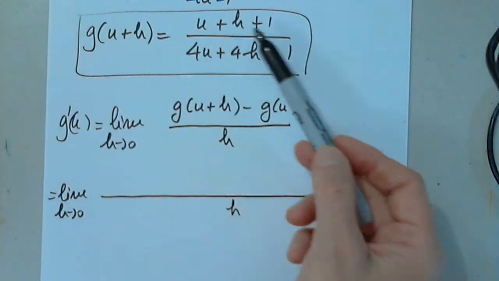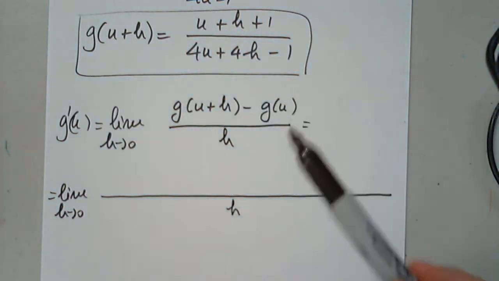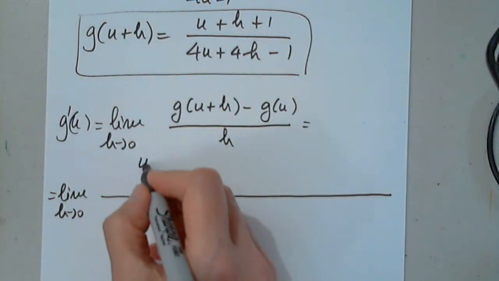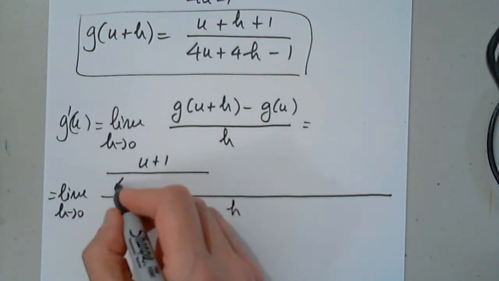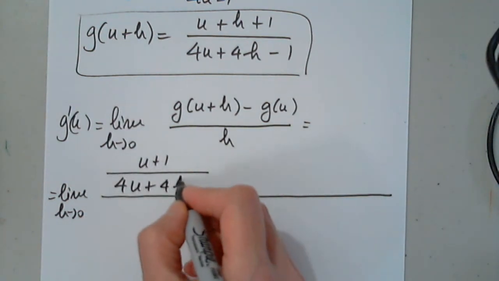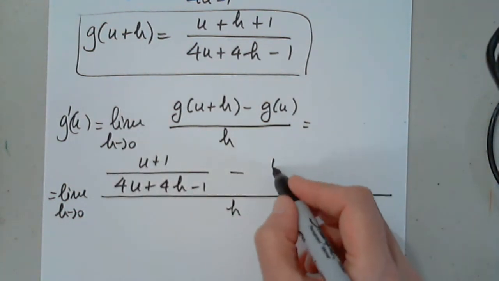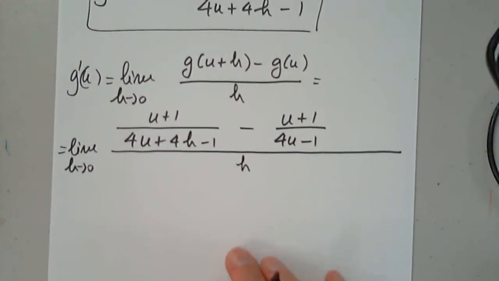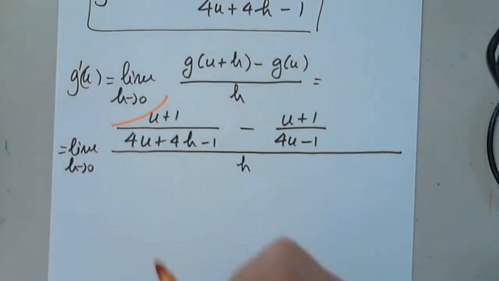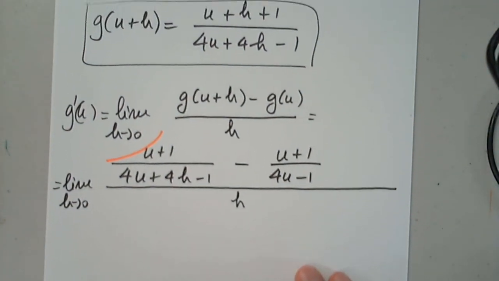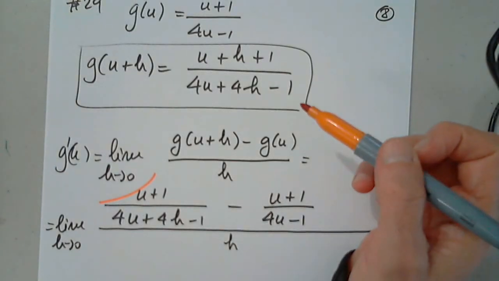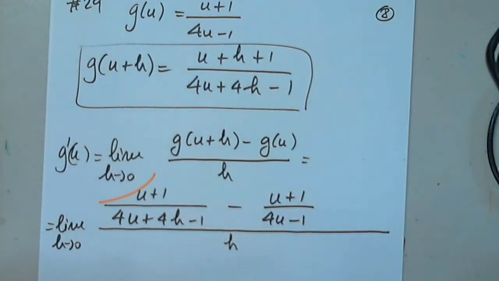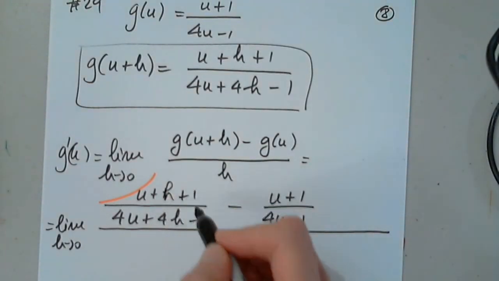Okay, so I'm checking again. Everything is okay. So we have u plus h plus 1 over 4u plus 4h minus 1 minus u plus 1 over 4u minus 1. Perfect. Now you already told me that it should mean u plus h plus 1 in the first fraction of the numerator.